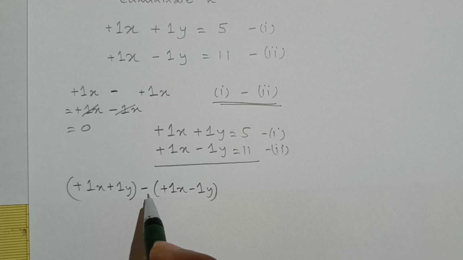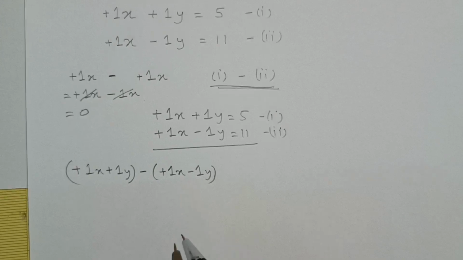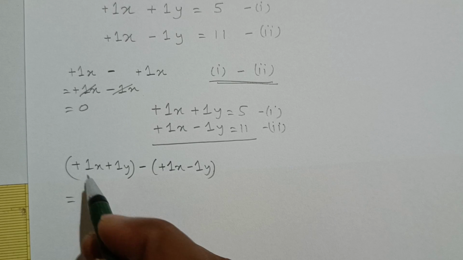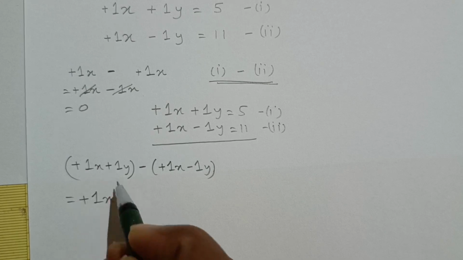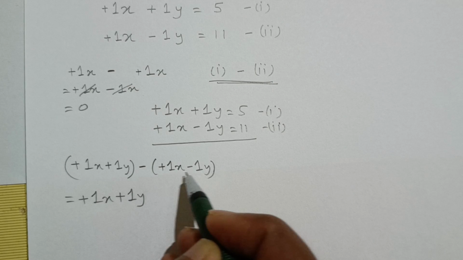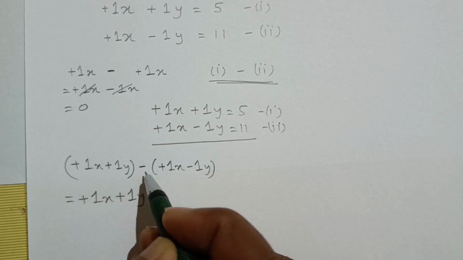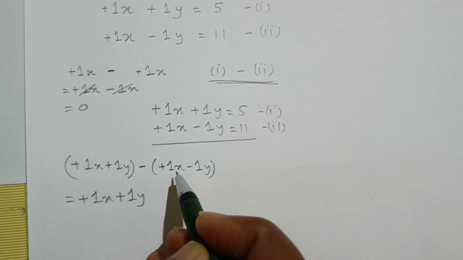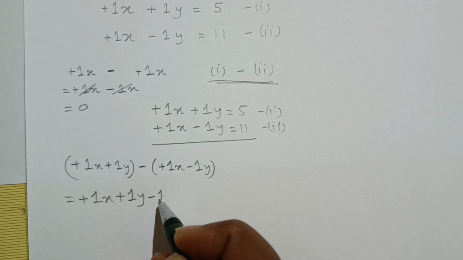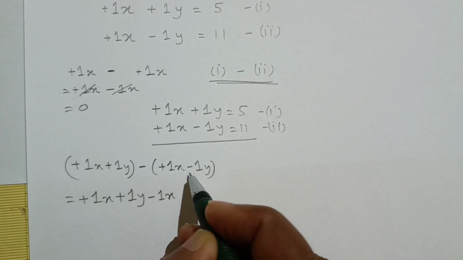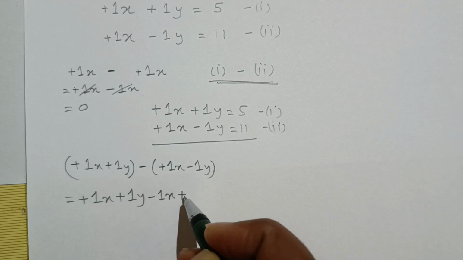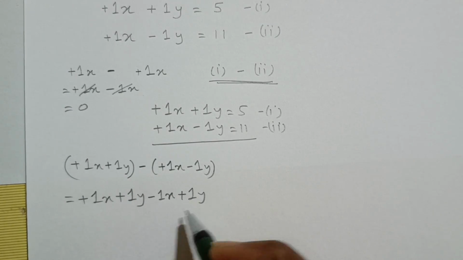Now let us simplify this. Plus 1x plus 1y, now minus multiplied to everything inside the bracket. Minus into plus 1x: minus into plus is minus, so minus 1x. And minus into minus 1y: minus into minus is plus, so plus 1y.